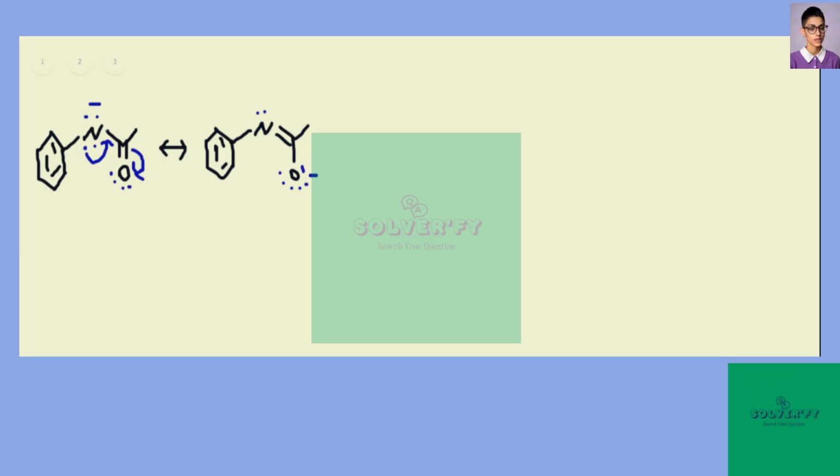We can conceive of another resonance structure here, very similar, where the electrons of these double bonds just move around this aromatic ring. So nothing really changes, but it is technically a resonance structure here.